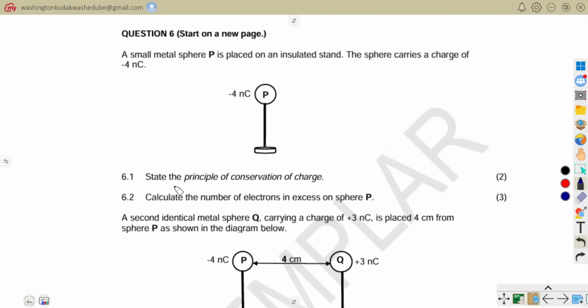This is the sphere. They say state the principle of conservation of charge. We know that charge can neither be created nor destroyed.